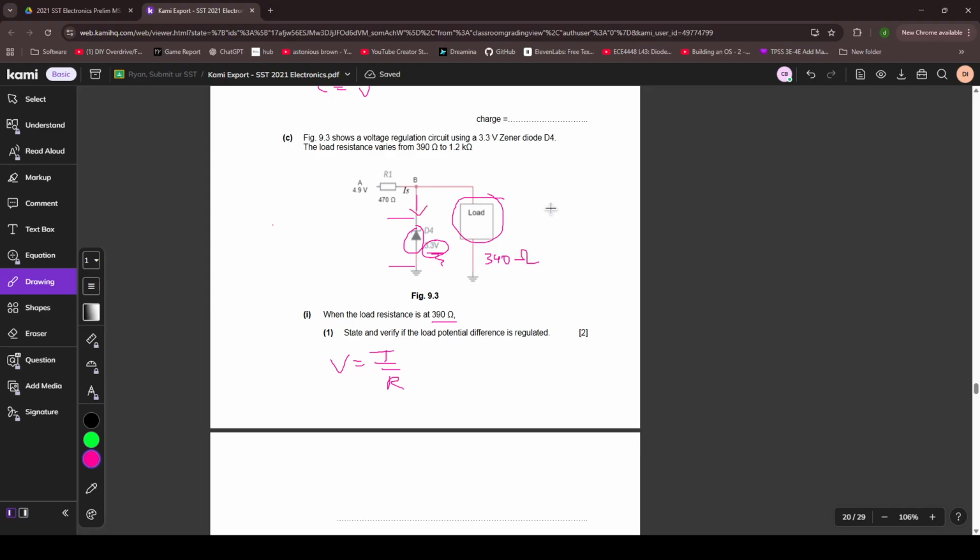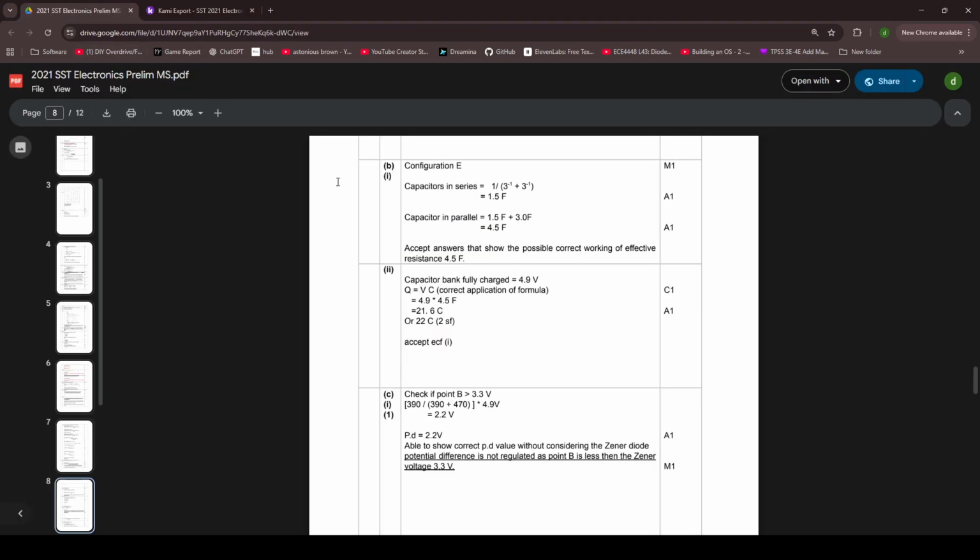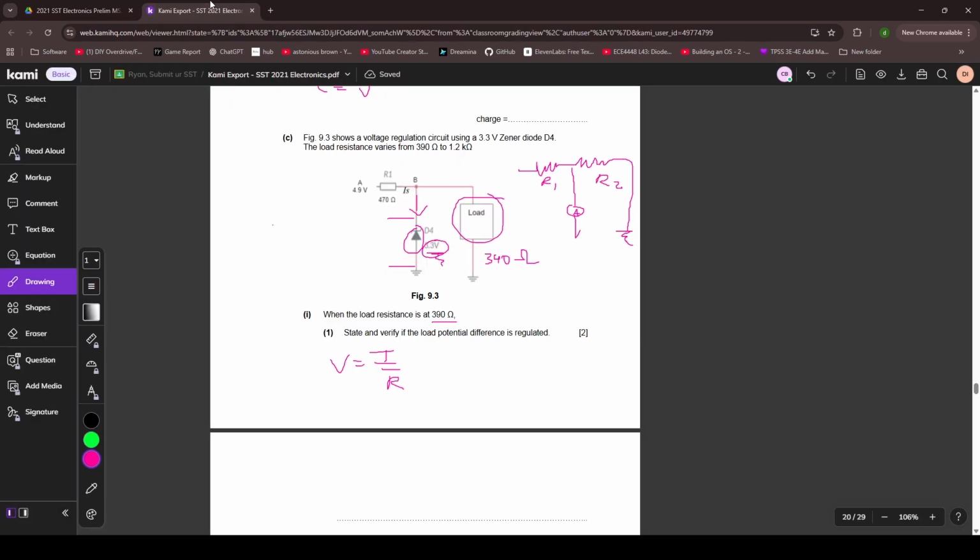I'll just talk about it briefly here because I don't have a video on this. The current divider. Do we need voltage for this? No, it's just ratios. No, this is a voltage divider.